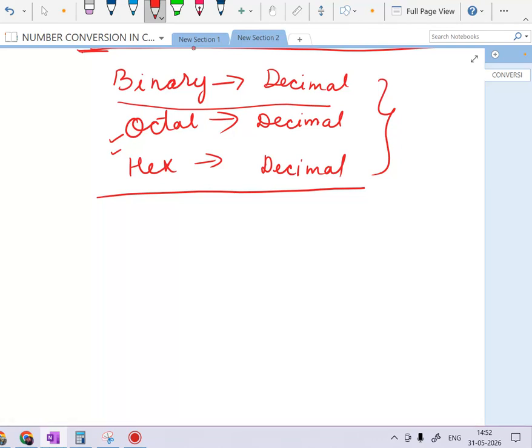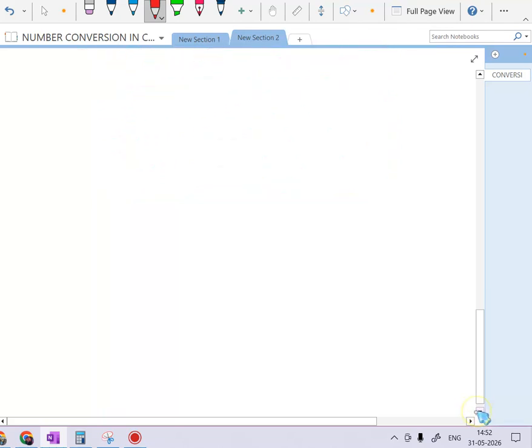So today we'll start from binary to decimal, then octal to decimal, and finally hexa to decimal conversion. Let's see one example, 1111. Imagine this is a number in binary. Why am I taking the fraction one?